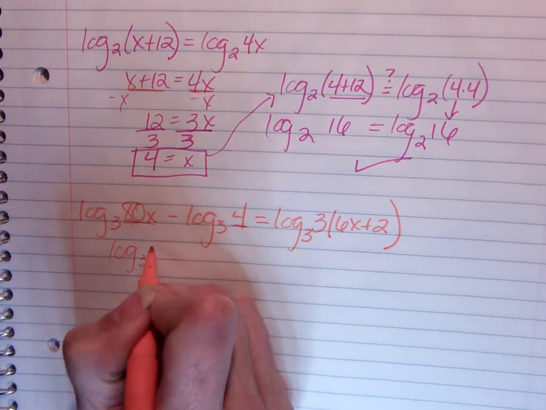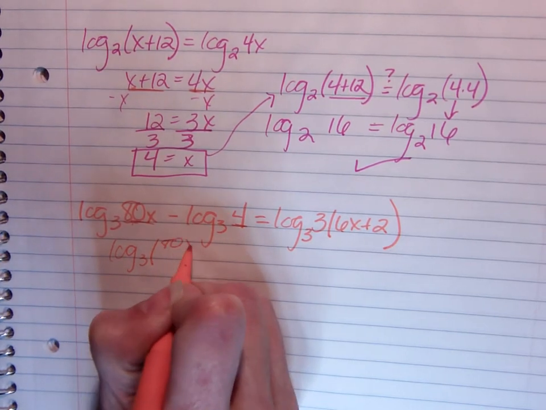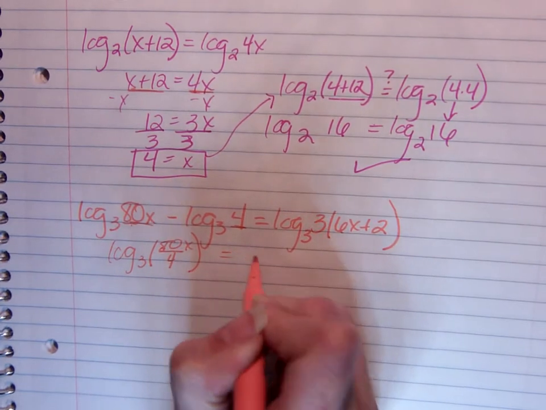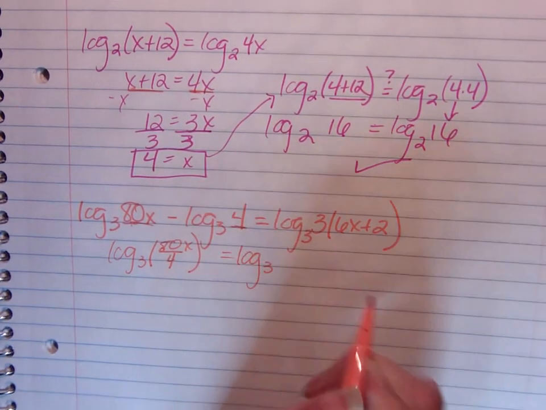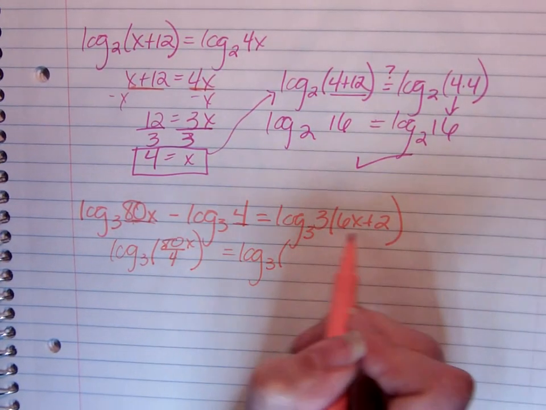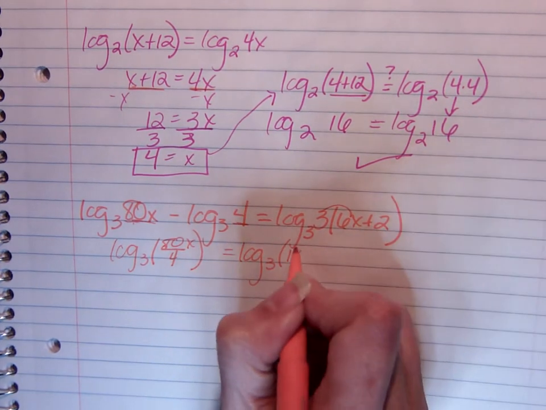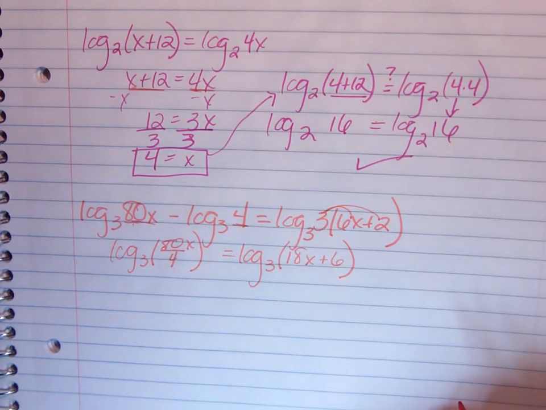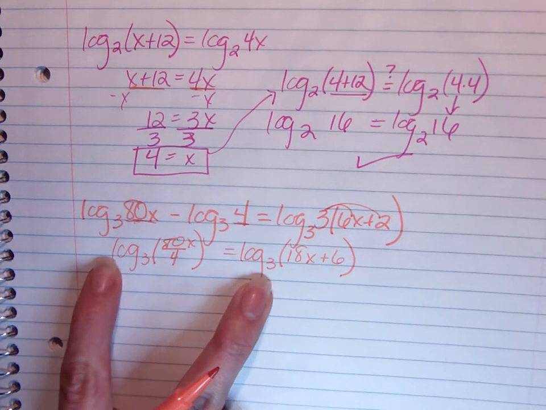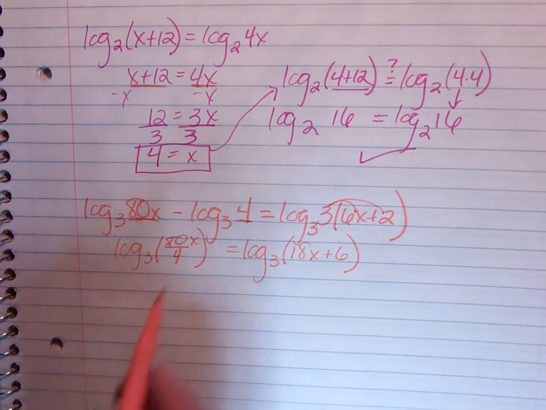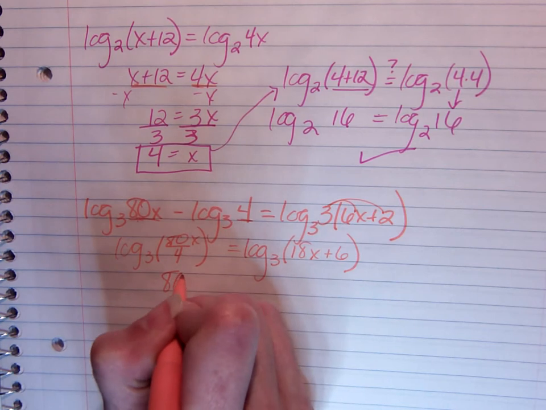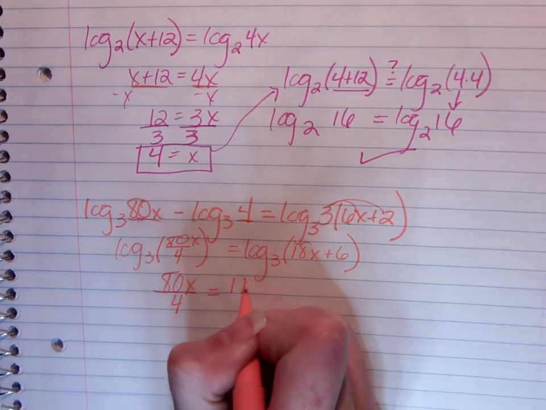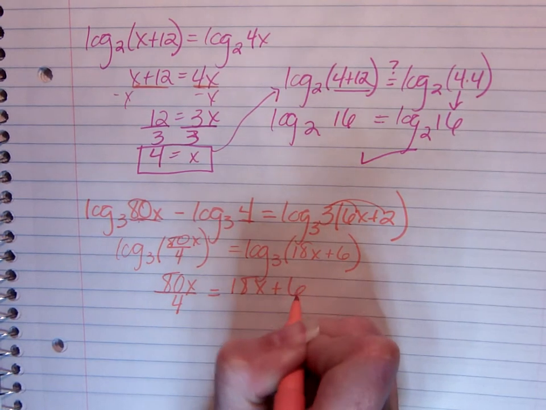Log base 3 of 80x over 4 is equal to log base 3 of, let's go ahead and clean this up, 18x plus 6. I have a single log on each side. They have the same base. So I can just write 80x divided by 4 is equal to 18x plus 6.